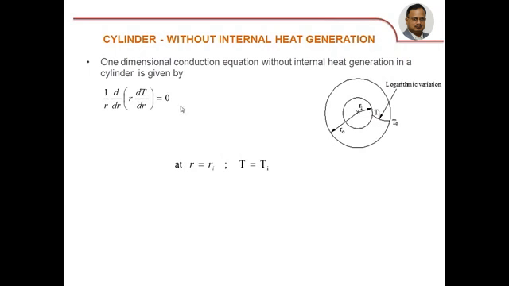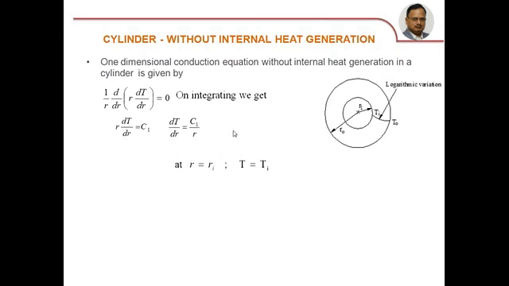The governing equation, one-dimensional in radial system, is 1 by r d by dr of r dT by dr equal to 0. So 1 by r goes off, d by dr of r dT by dr equal to 0. If you integrate once, you will get r dT by dr equal to C1.